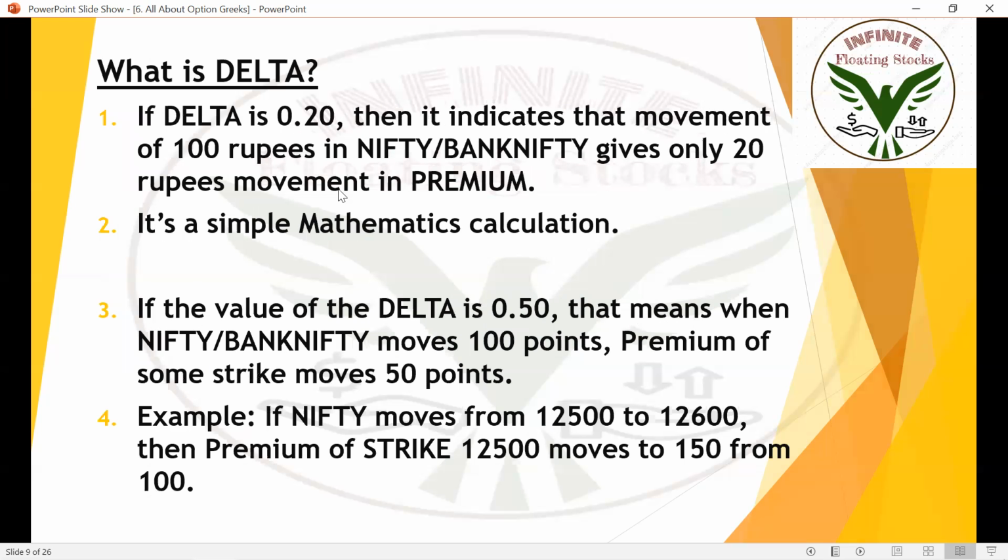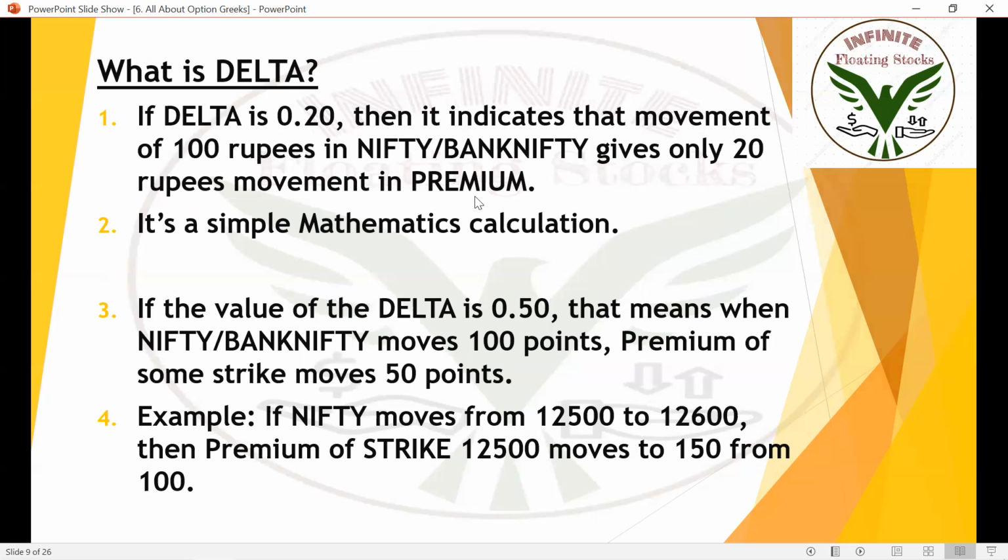Now let's look at this line. If delta is 0.20, then a movement of 100 rupees in Nifty or Bank Nifty gives only a 20 rupee movement in the premium. Imagine the premium is 100 rupees.